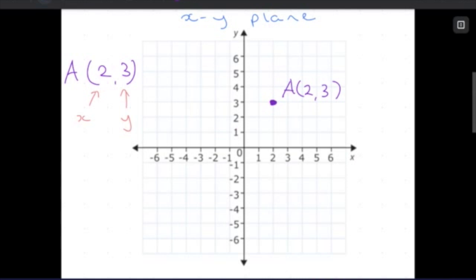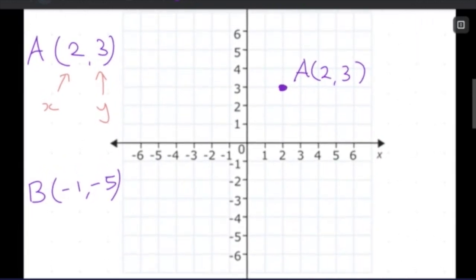Now let's try another one. I'm going to plot the point B, go -1, -5. Now this video is just an introduction into how we work with this type of stuff. So let me actually just zoom in a bit.